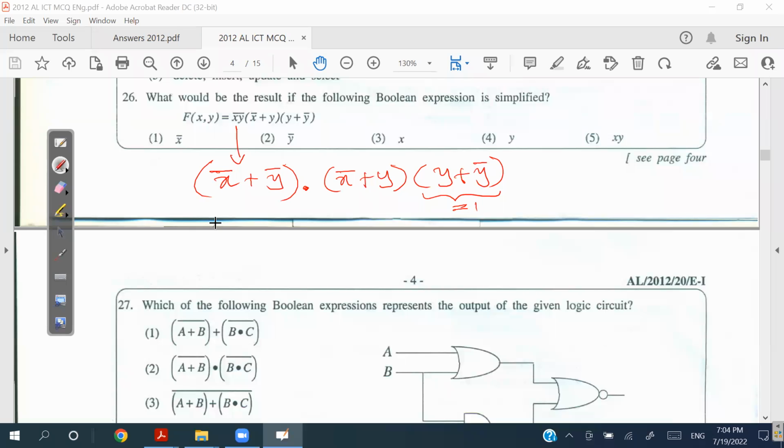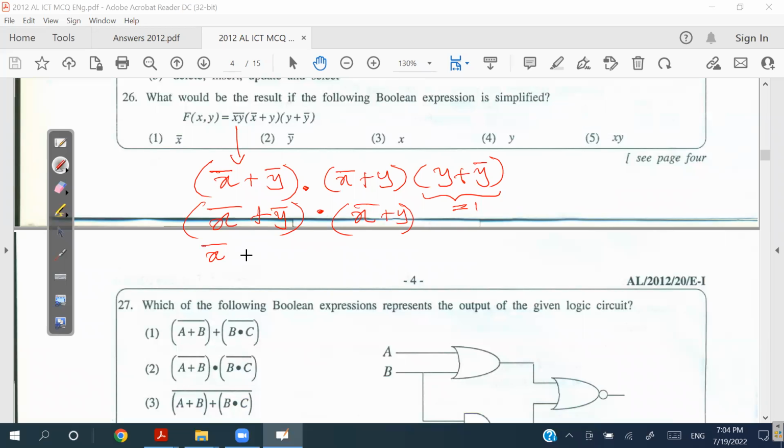That means it gives you x bar plus y bar dot x bar plus y dot 1. Right, that means the same thing. Once you multiply it with 1, it's going to be something like this.